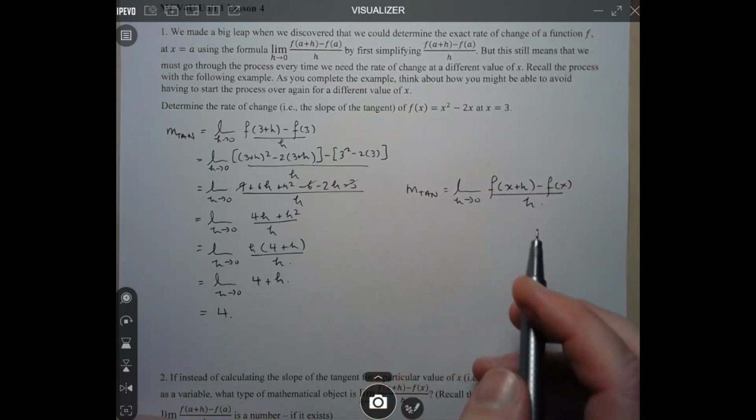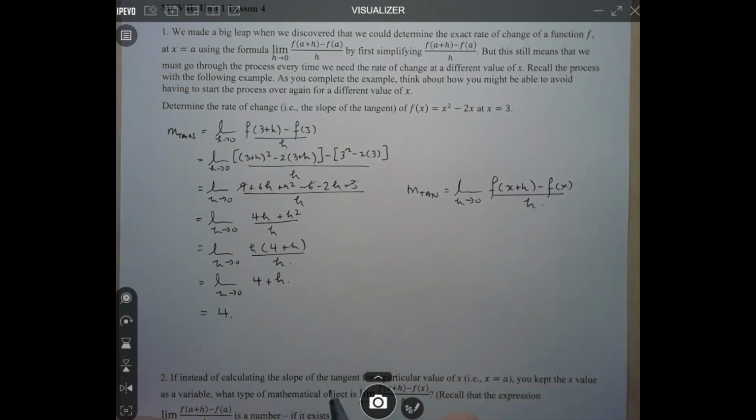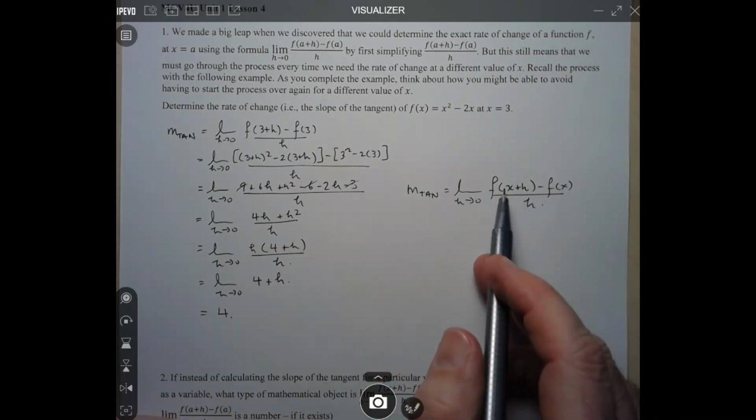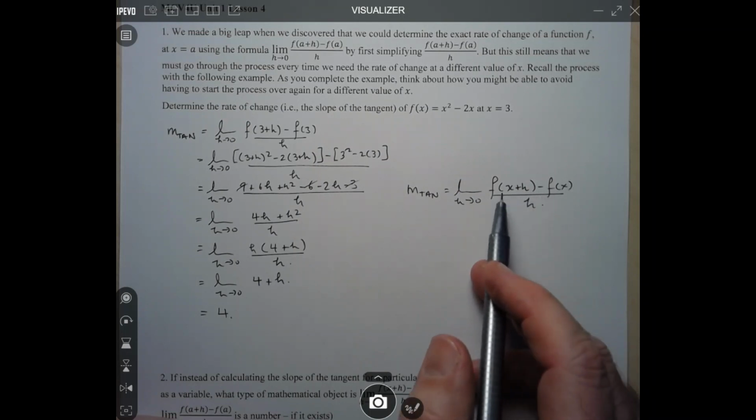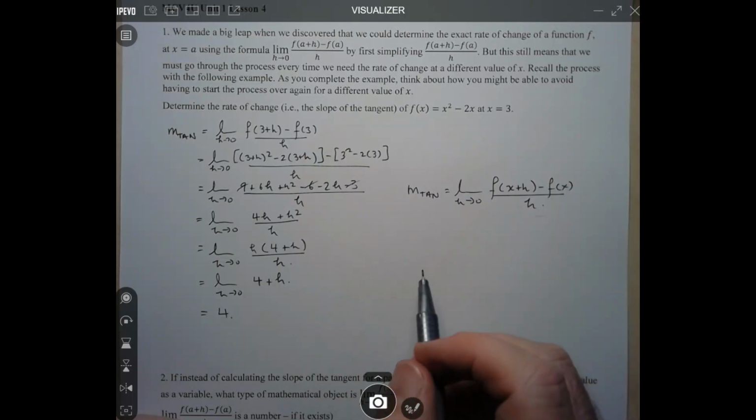But that means x is likely still going to be in our expression. What does that mean? It means that for any value of x that I choose, this should be producing some new number.